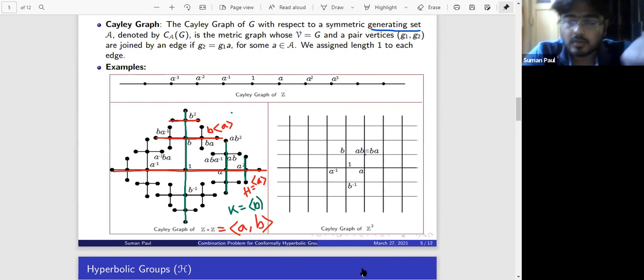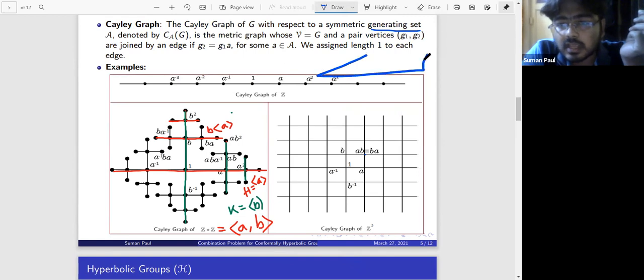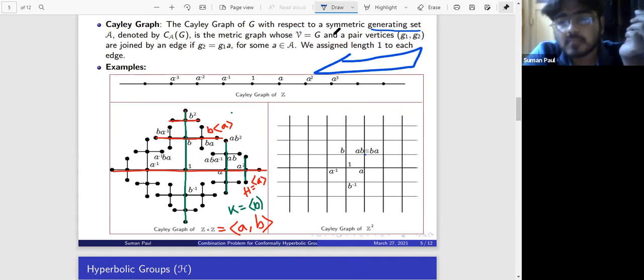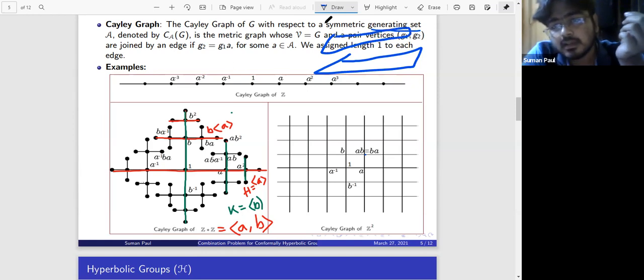So basically, at 0th level you have the Cayley graph. At 1st level you also have the Cayley graph. So you stack these Cayley graphs.